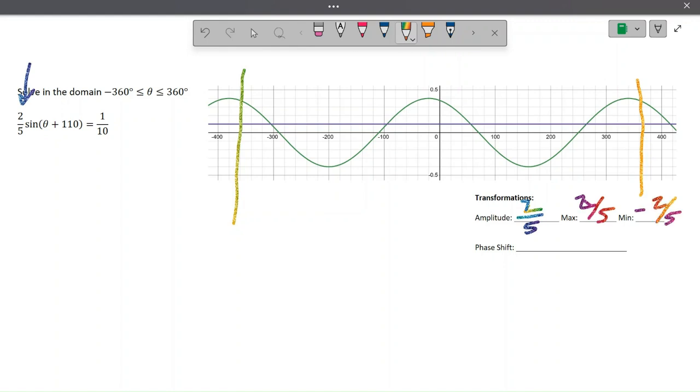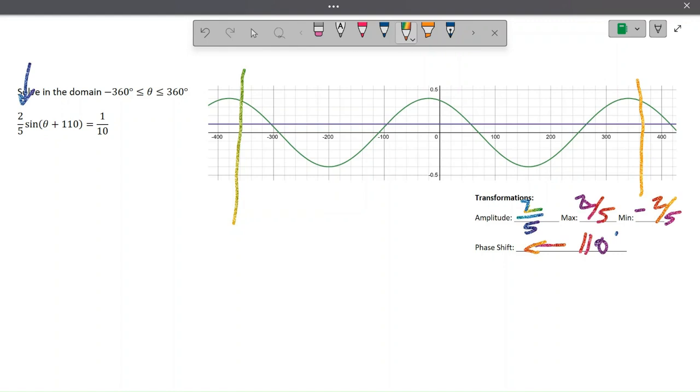So the graph is really squished together. And then to find our phase shift, we're looking at what theta has to take on to make what's in the parentheses 0, and it has to be negative 110. Negative moves our graph in the left direction. So we shift left 110 degrees.